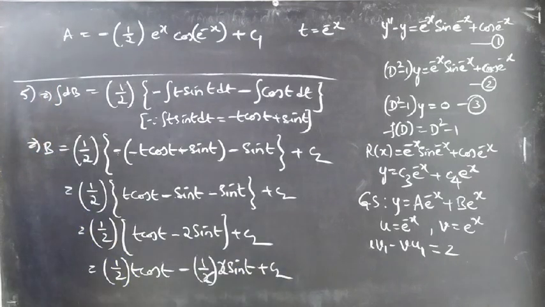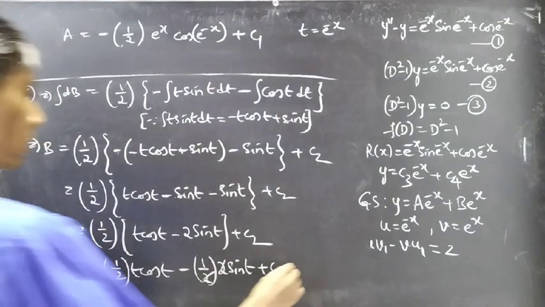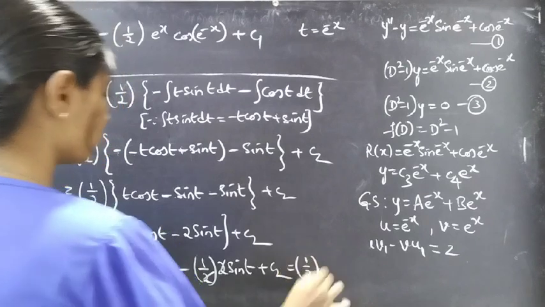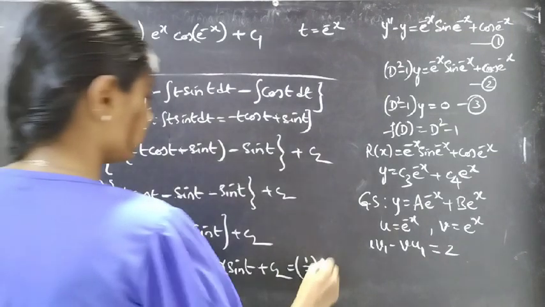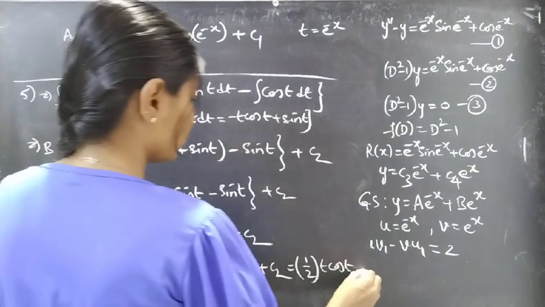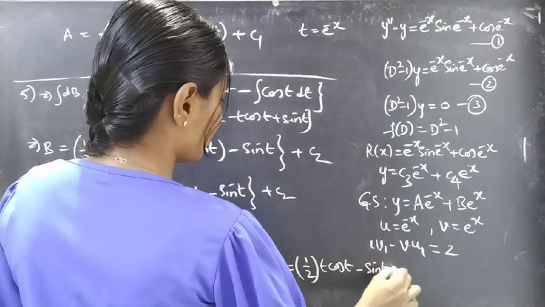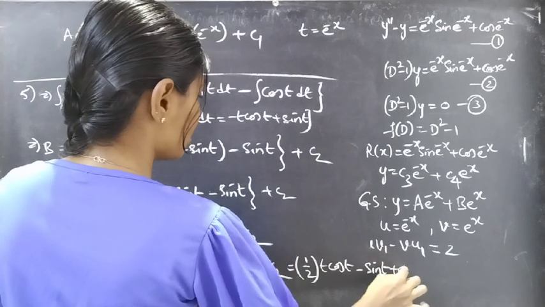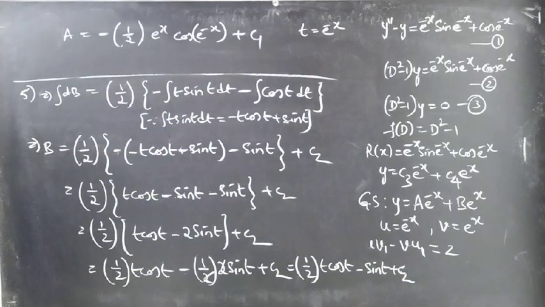Here the 2 gets cancelled and you'll get 1 by 2 t cos t minus sine t plus c2.